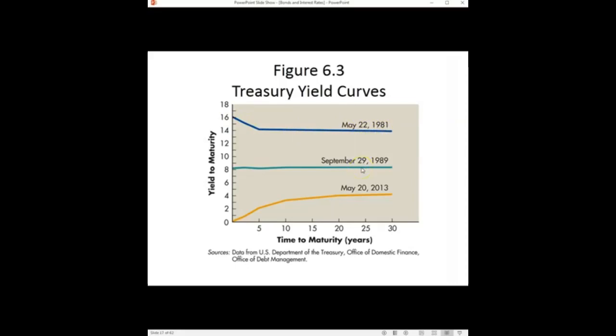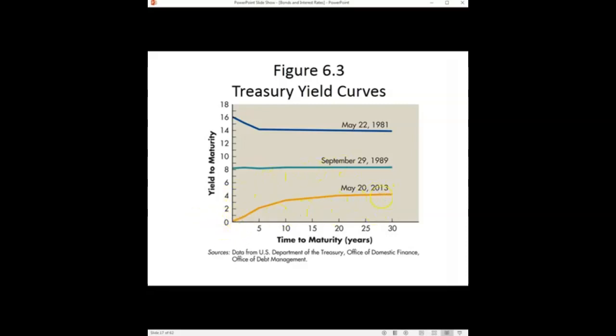And if we look in September of 1989, we see almost a flat yield curve, where long-term rates and short-term rates are very similar. And we'll get back to that in a little bit. And then in May of 2013, we see more what we expect, and this is what we see most of the time. We call this an upward sloping yield curve, where short-term rates are less than long-term rates.